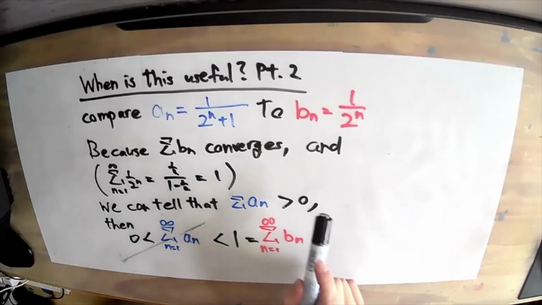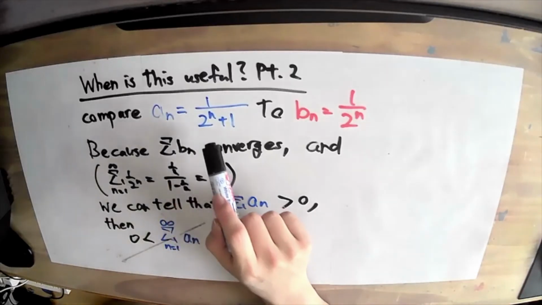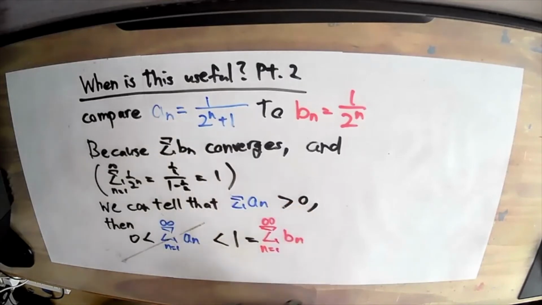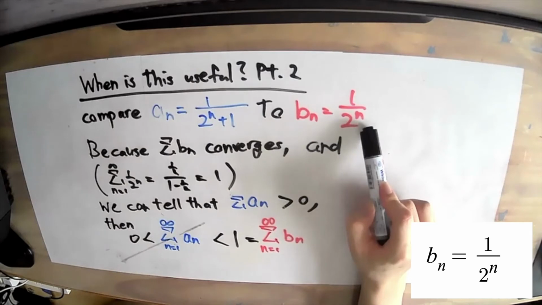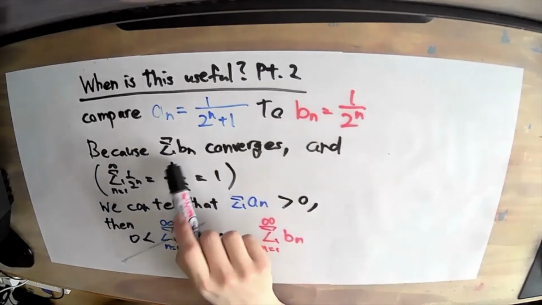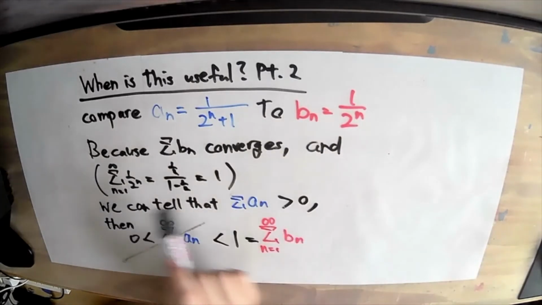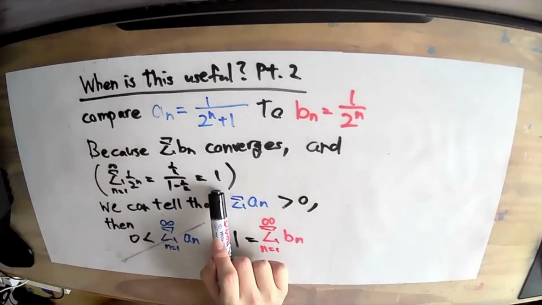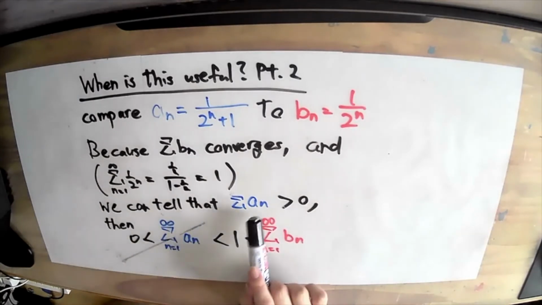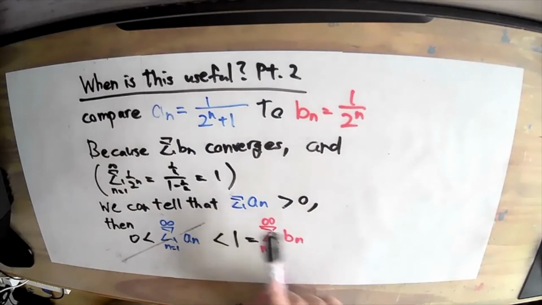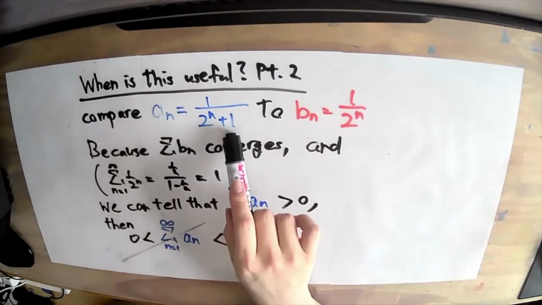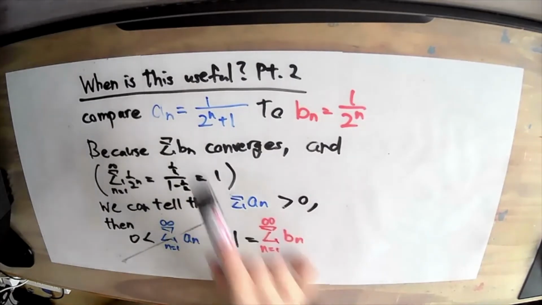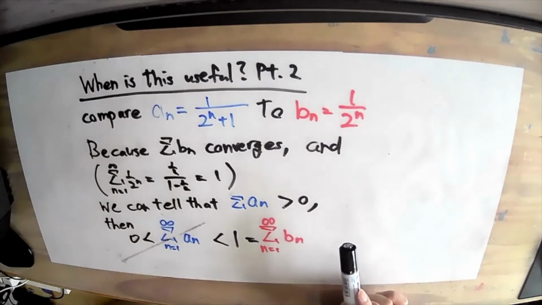Now, let's try to solve for An equals 1 over 2 to the nth power plus 1. And let's compare it to Bn, which is equal to 1 over 2 to the nth power. Because we can tell that Bn converges, and if we do the calculations, it converges to 1. And also, we can tell that for each n, An is always positive, so the series for An is also bigger than 0 no matter what.